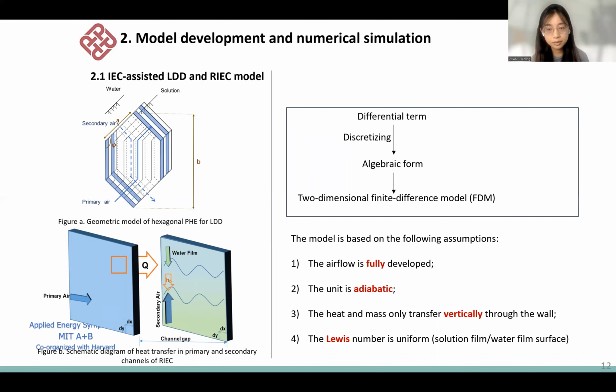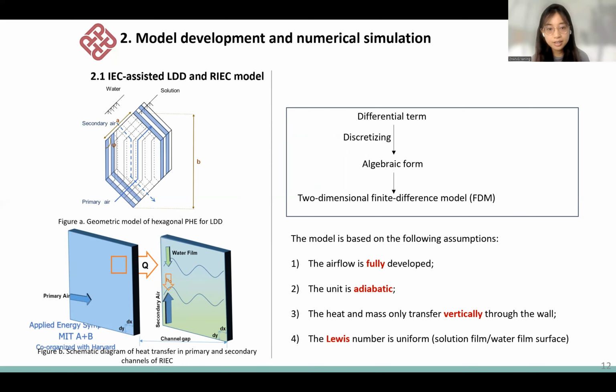And in primary air channels, the primary air has a dehumidifying process with the spread solution, while the secondary air has the indirect evaporative cooling process. For Figure B, in RIEC, there is also an evaporative cooling process in the secondary channel. And for primary air, it can be indirectly cooled by the secondary channels.